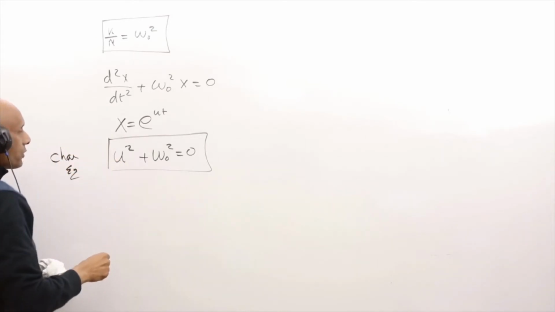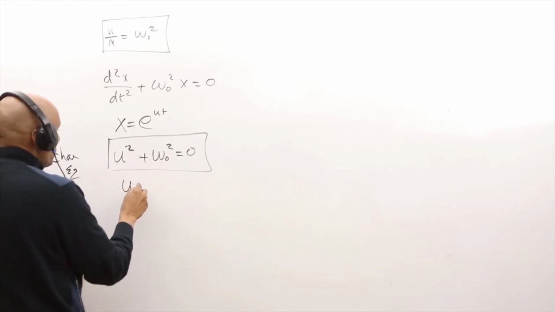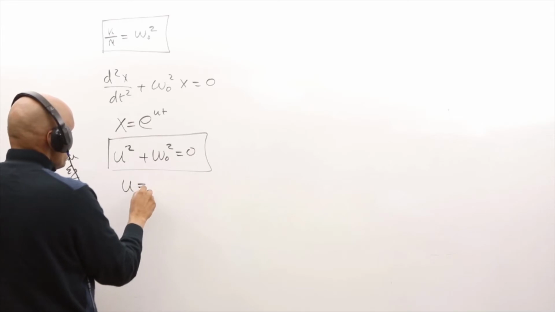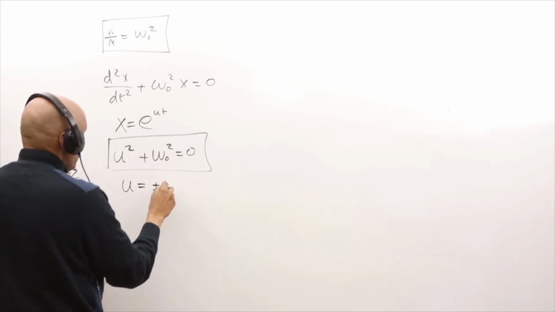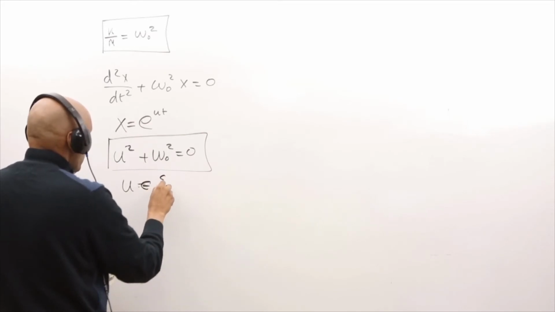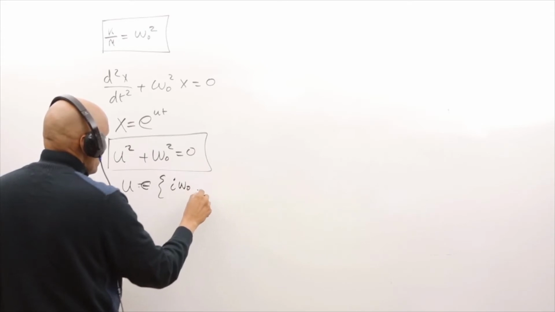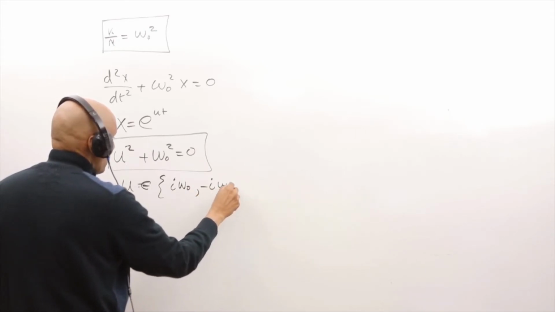We can solve for u, and you'll see that u is a member of the set i omega naught, minus i omega naught.